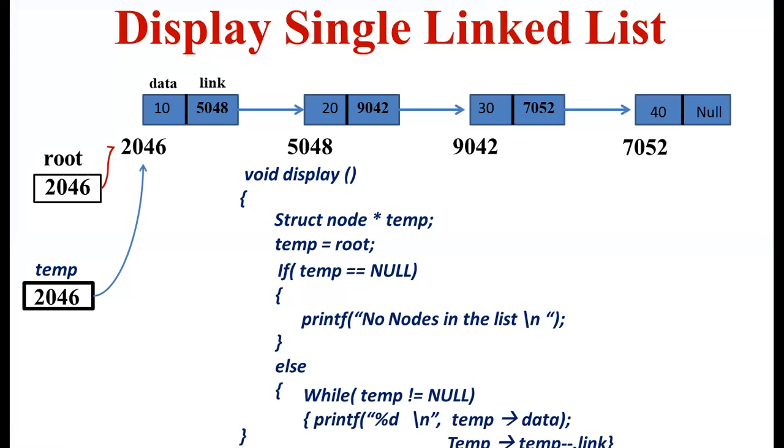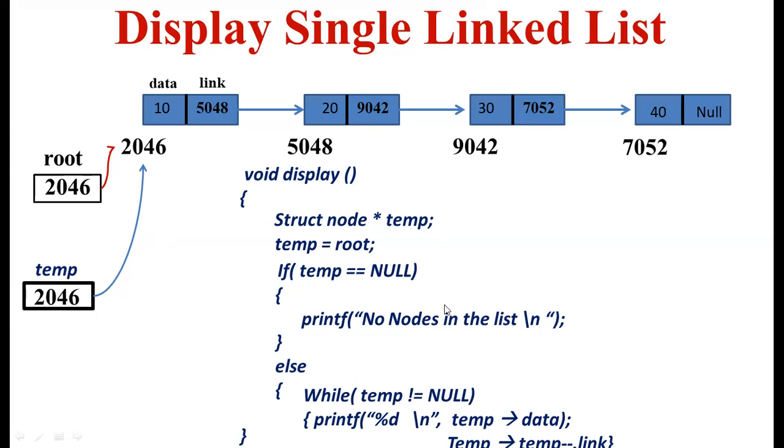Now 5048 is not equal to null, so again we come here. 5048 to data, what is 5048 to data? 20. So 20 will be printed. Then temp becomes temp to link. What is temp to link? 5048 to link is 9042. So 9042 will be stored in the temp. 9042 is not equal to null.